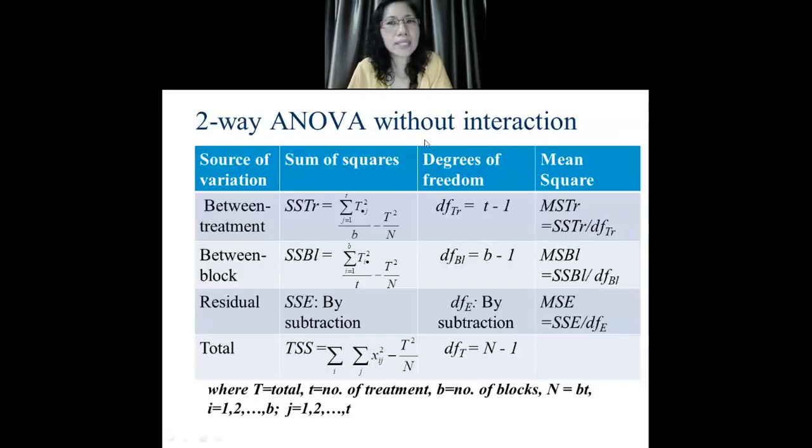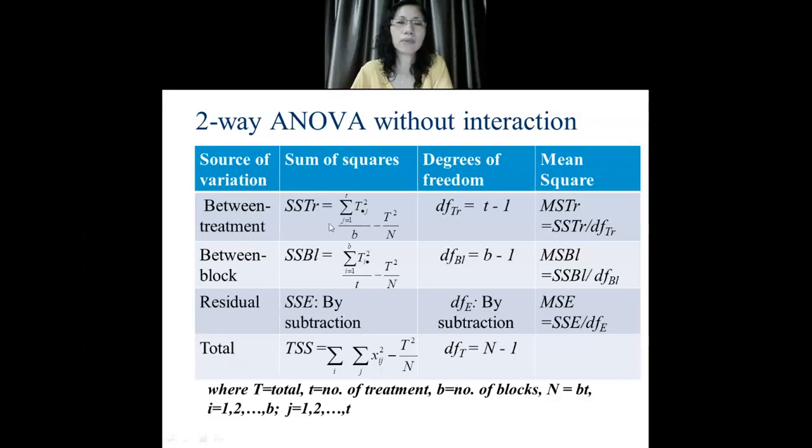Now, this is a two-way ANOVA calculation, two-way ANOVA without interaction. We'll learn the interaction later on. So this looks very similar to the one-way ANOVA table, except that we have between blocks now. The sources of variation are between treatments, between blocks, residual or error, and the total.